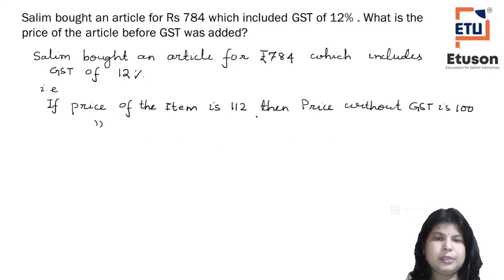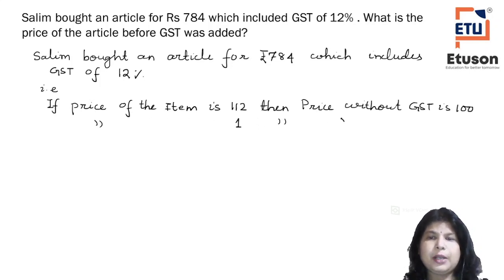Similarly, by the unitary method, if the price of the item with GST is 1, then the price without GST will be equal to 100 divided by 112.